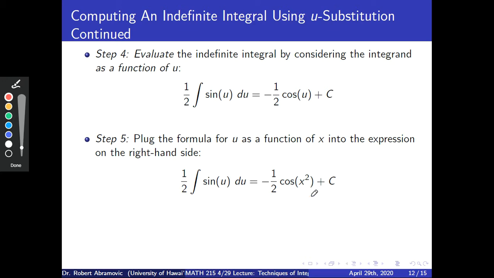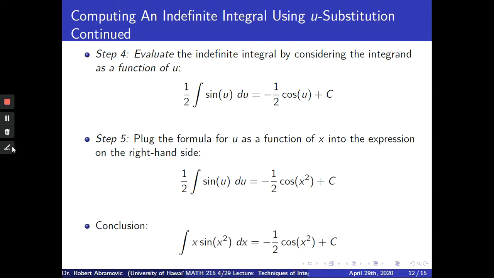Negative 1/2 cosine of x squared plus a constant, its derivative will indeed be x times sine of x squared.